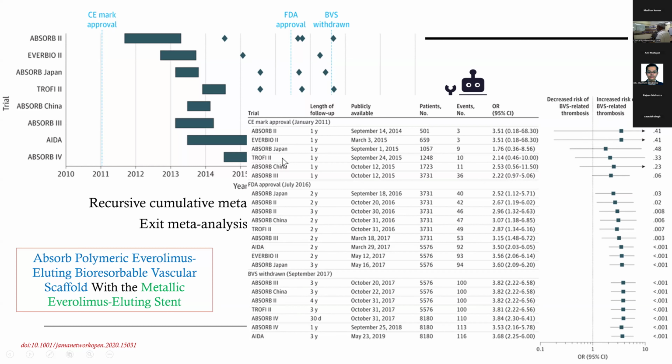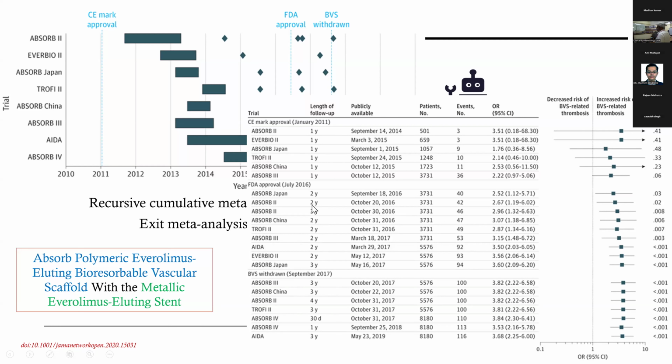When we added Overbio, what happened? It didn't change. When we added Absorb, it moved towards the null. Trophy, it came here. So by the end of the first year of follow-up, they were still saying that there is a possibility that this new stent may cause harm.